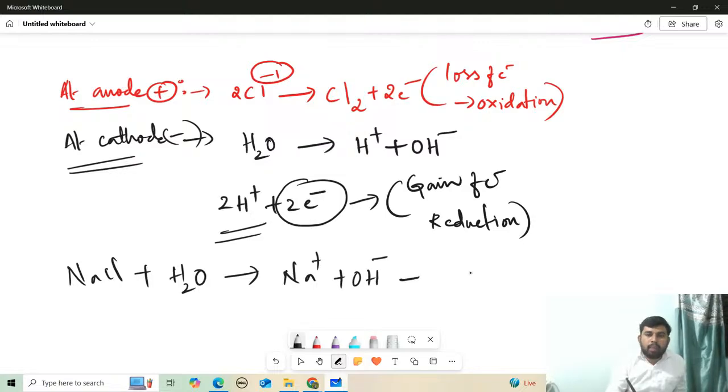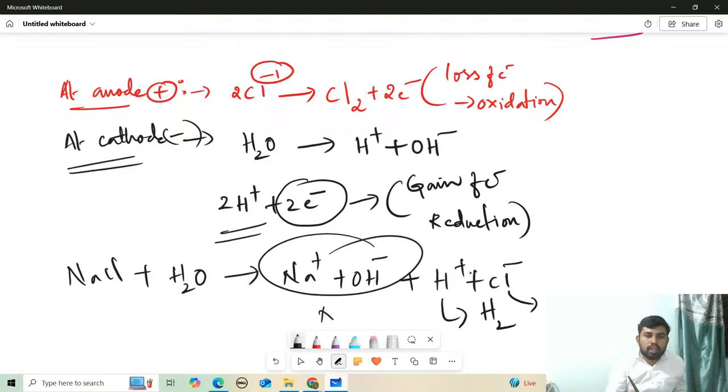Similarly, we have H plus ions and Cl minus ions. Now this will give us what, sir? This will be liberated as H2. This will be liberated as Cl2, and this will form NaOH.